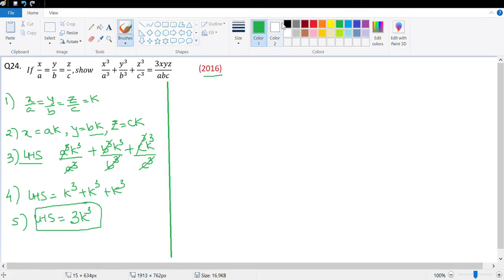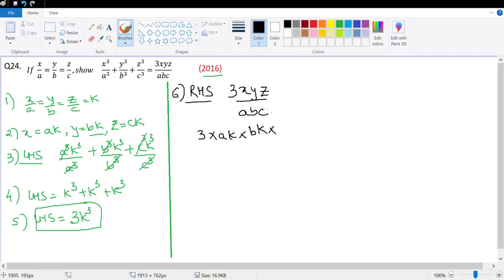Let's see if we can prove right hand side also equal to 3k cube. Okay, let's look at right hand side. So our right hand side is 3xyz upon abc. So instead of x, I'll write ak. Instead of y, I write bk. Instead of z, I write ck. This is divided by abc. A and a gets cancelled, b and b gets cancelled, c and c gets cancelled.